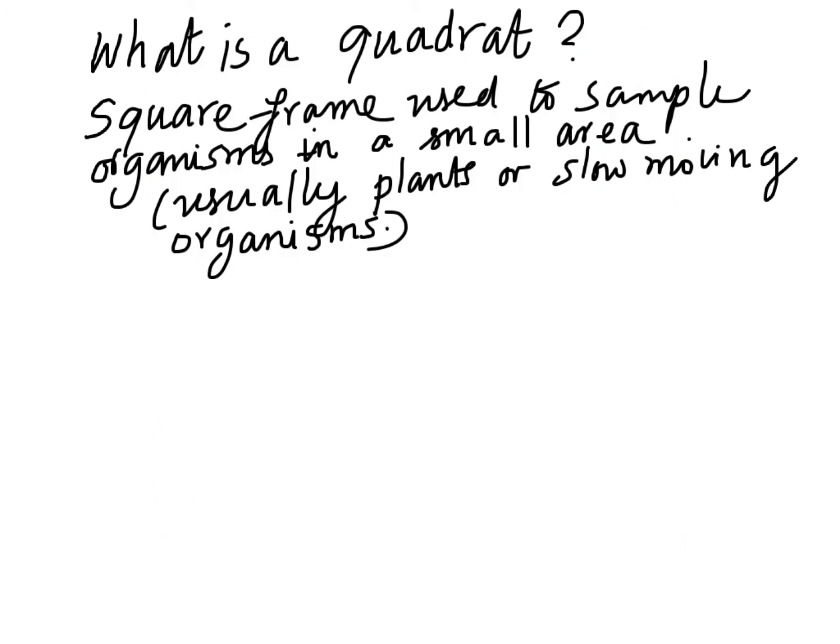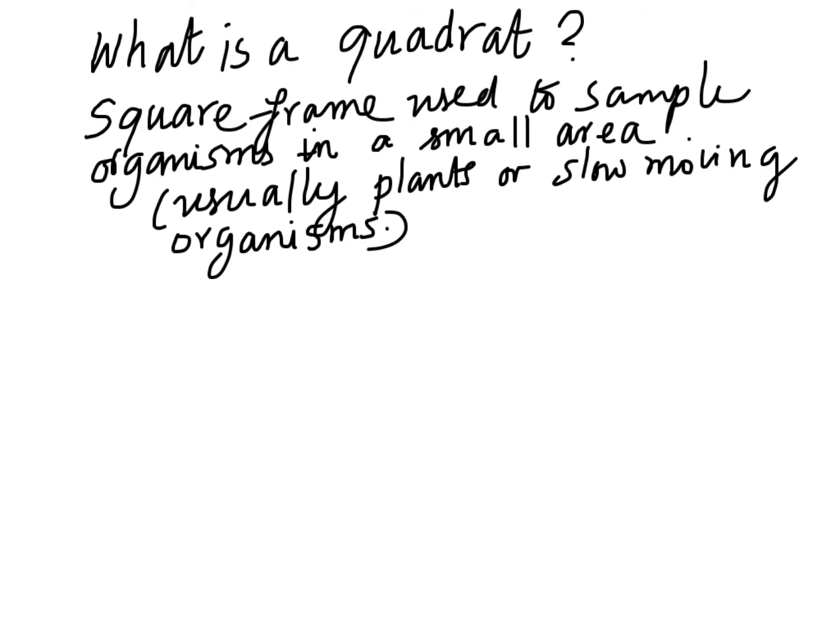It's used to sample normally plants or organisms that move slowly. As you can imagine, you cannot use that kind of plastic frame to count the number of frogs living in a particular place, because the frogs will jump out of the quadrat and run away.